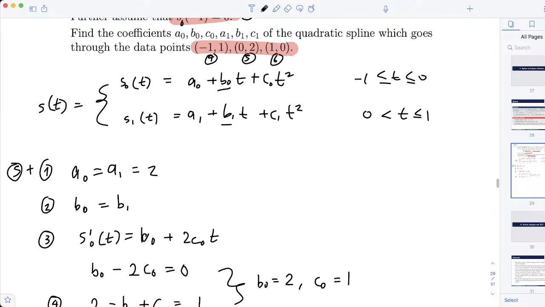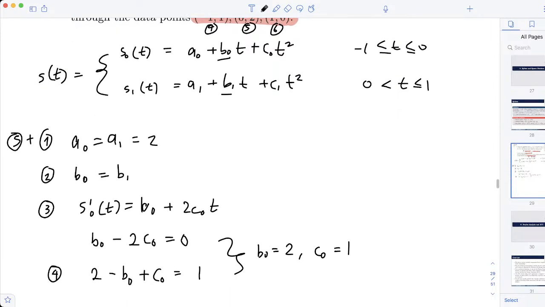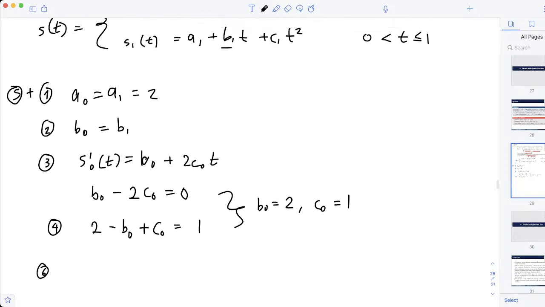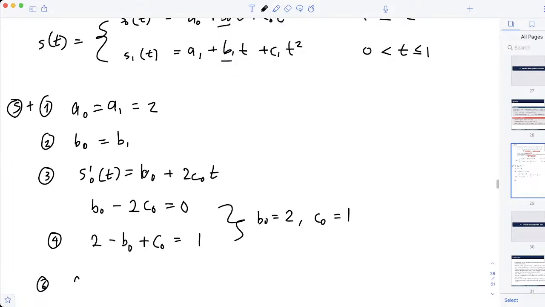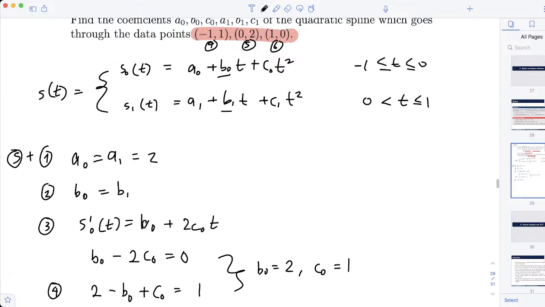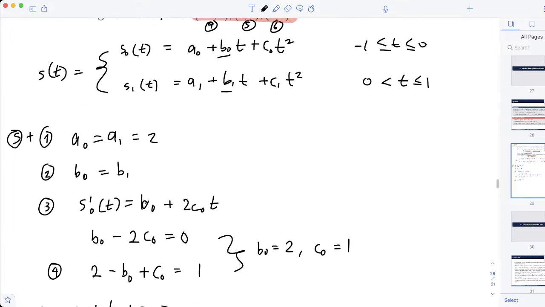All we need to do is then substitute all of this into 6, our last condition. So this time t is equal to 1, so we're dealing with the second part of our spline. So A1 plus B1 plus C1 is equal to 0.